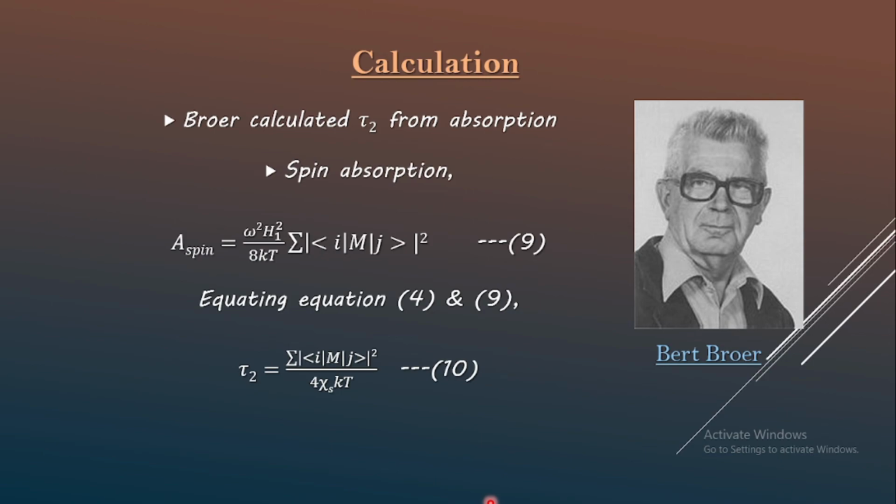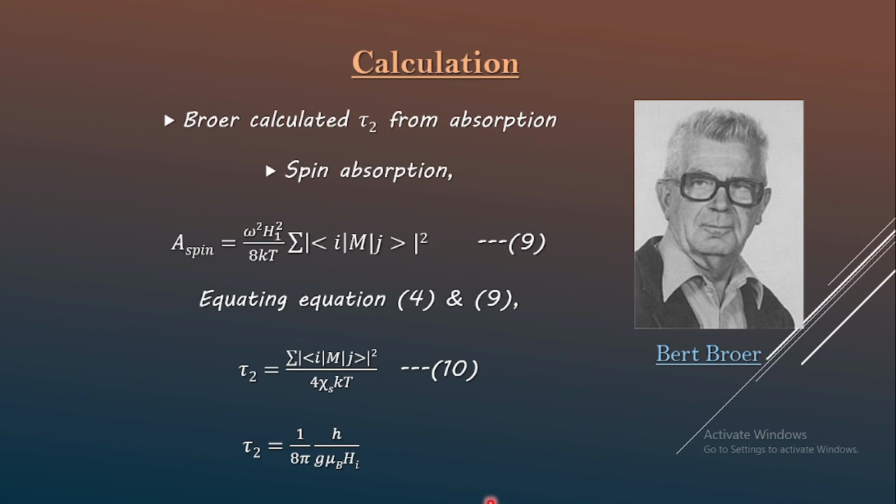And by applying certain boundary conditions and also some of the assumptions given by Brower, we get tau 2 is equal to 1 by 8 pi into h divided by g mu b into hi. When we use this equation, the order is the same as what we obtained from the previous equation, where tau 2 is approximately equal to 1 by delta omega, which is approximately equal to h by 2 pi g mu b into hi.